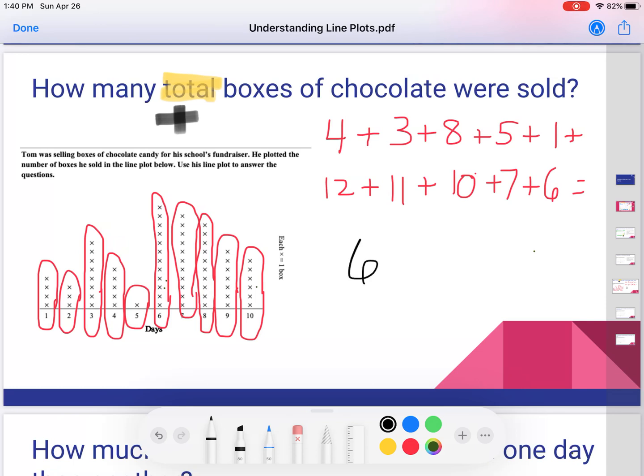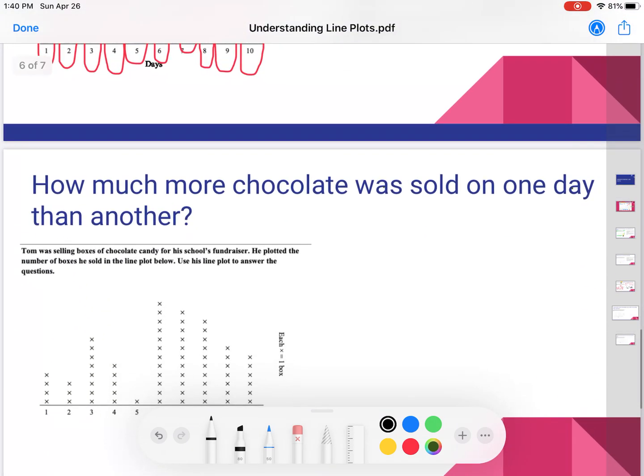All right, did you get the number 67? If so, you were right. And make sure you always include your units. So 67 total boxes. Let's look at another question now.